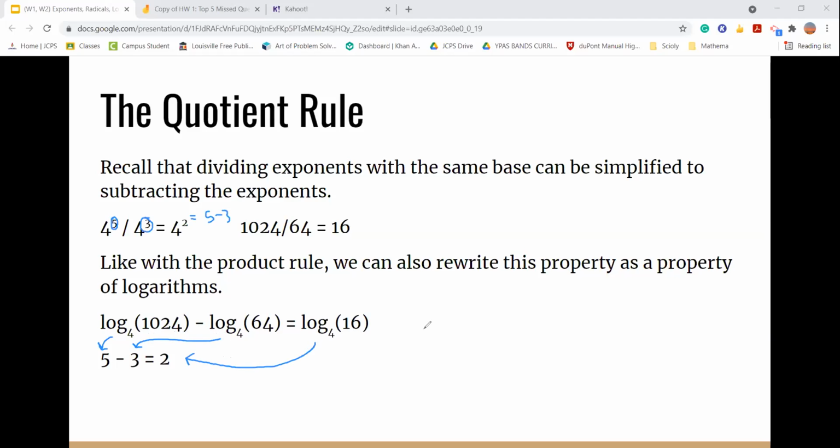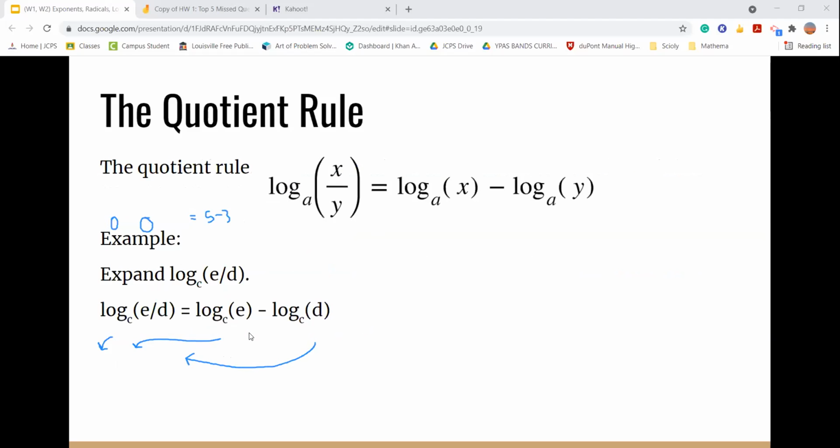So basically, the quotient rule says that when you subtract two logarithms that have the same base, you can combine them by dividing their arguments. So log base a of x minus log base a of y equals log base a of x over y.